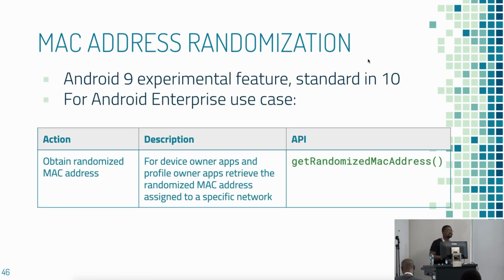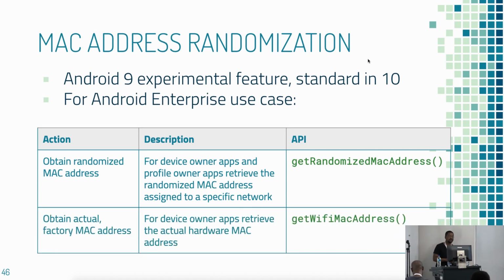So for Android enterprise users, if your app is an Android enterprise application, then if you want to obtain the randomized MAC address, so for example, for device owner apps and profile owner apps, retrieve the randomized MAC address assigned to a specific network using get randomized MAC address. And then if you want to obtain the actual factory MAC address, so for device owner apps, retrieve the actual hardware MAC address, use get Wi-Fi MAC address.